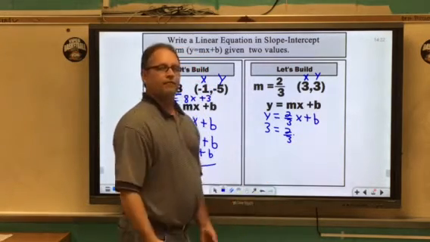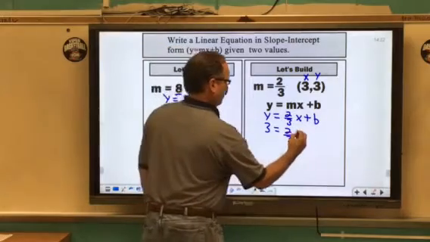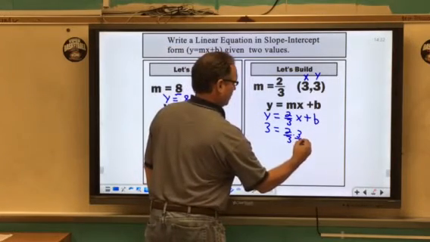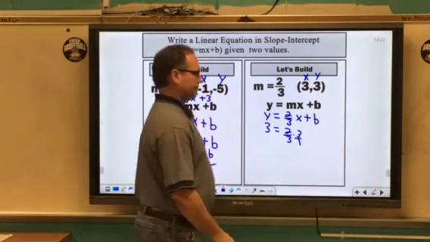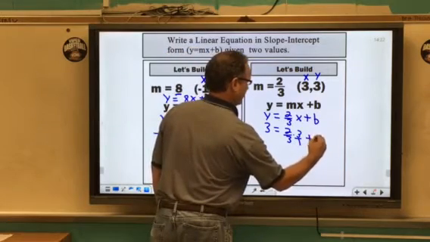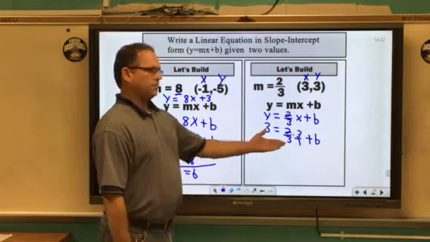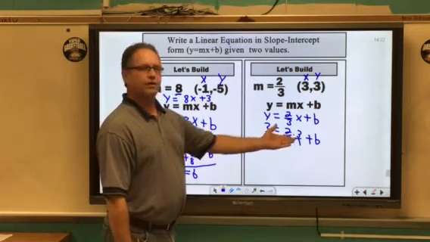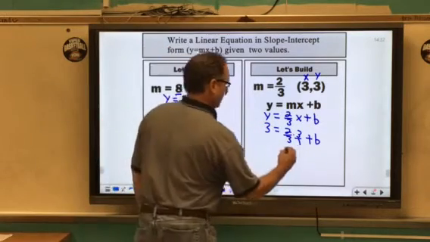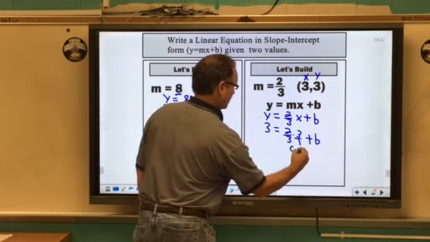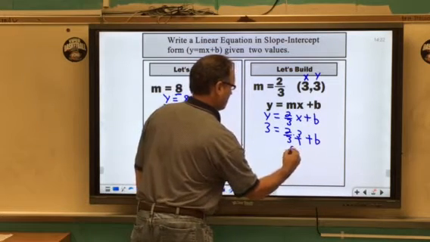And when we're multiplying fractions, I'm going to go ahead and make that 3/1 plus b. How to multiply fractions: 2/3 times 3/1 is going to be 6/3.